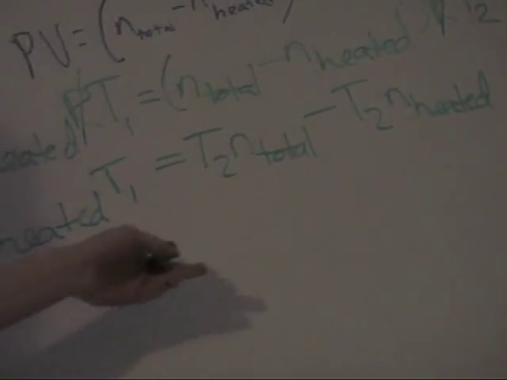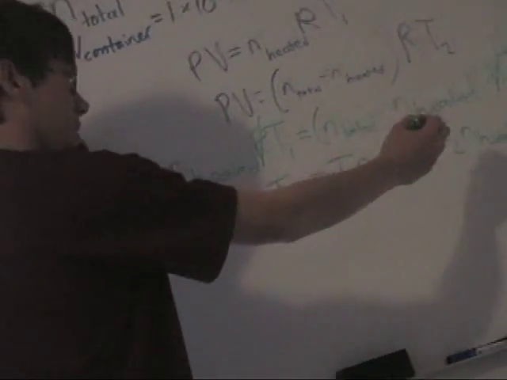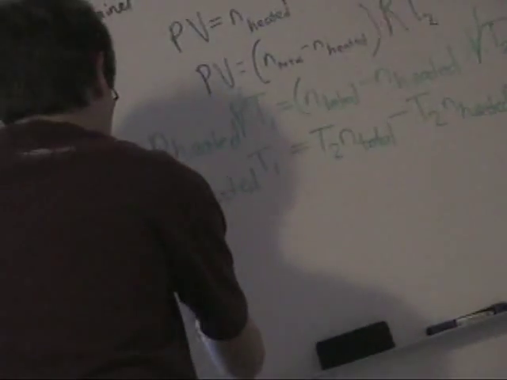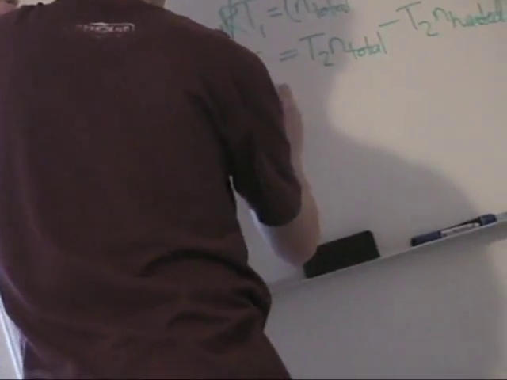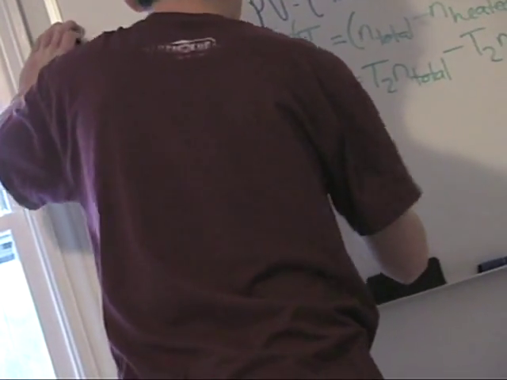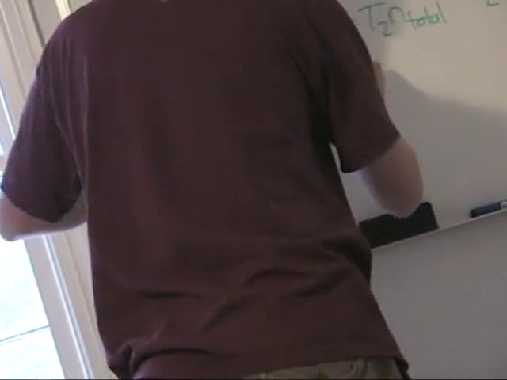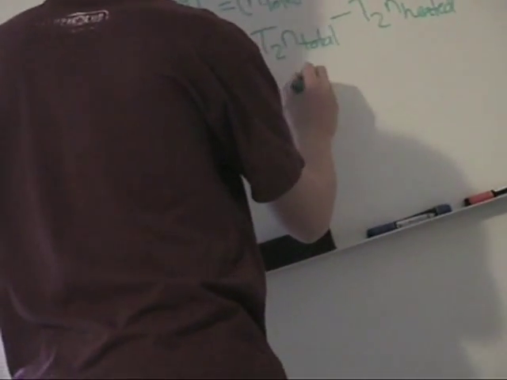Now we want to get this entire equation in terms of N heated. So we'll bring this to the other side, adding T2 N heated. So that is T1 N heated plus T2 N heated equals T2 N total.